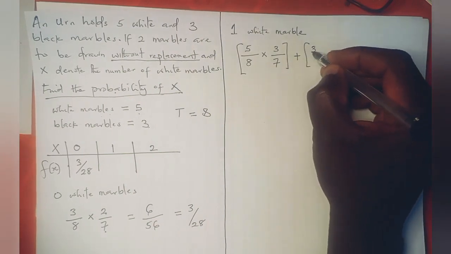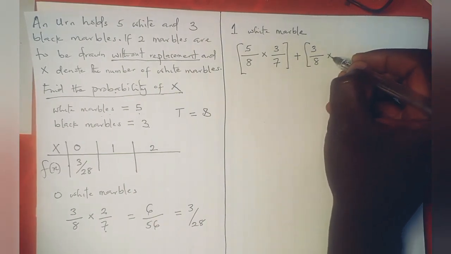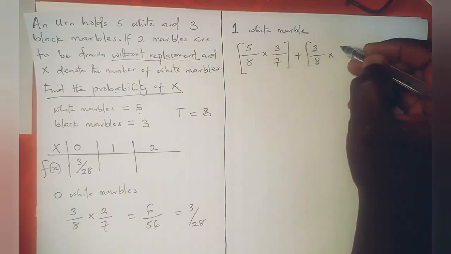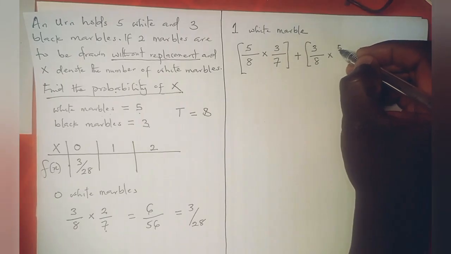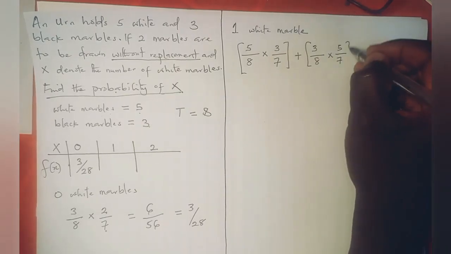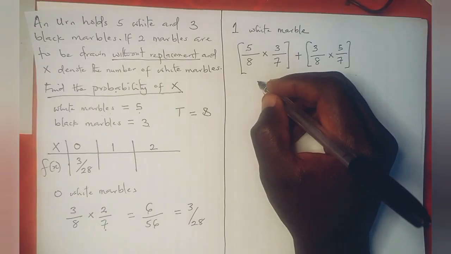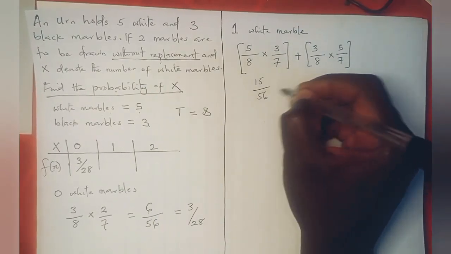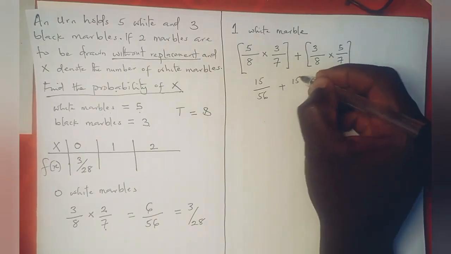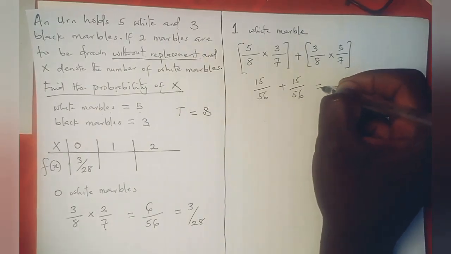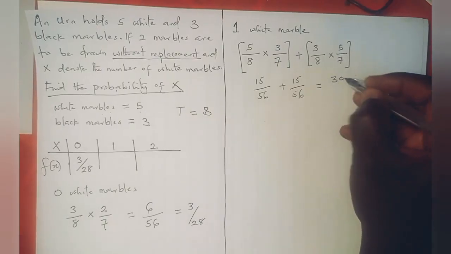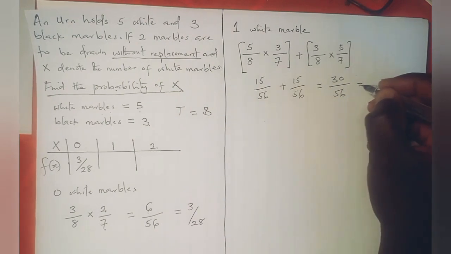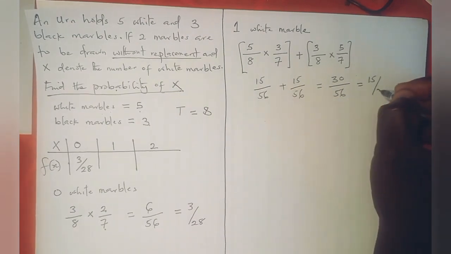So here we have 3/8 times the second marble drawn being white. This has reduced already, so the 5 is still intact. So we have 5 divided by 7. So 5 times 3 is 15 divided by 8 times 7, which is 56, plus 15/56. If you add all of this together, we have 30 divided by 56. We can simplify it further, and we're going to have 15 divided by 28.